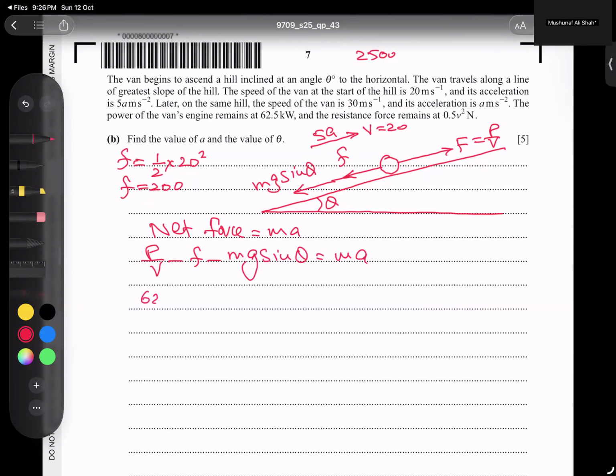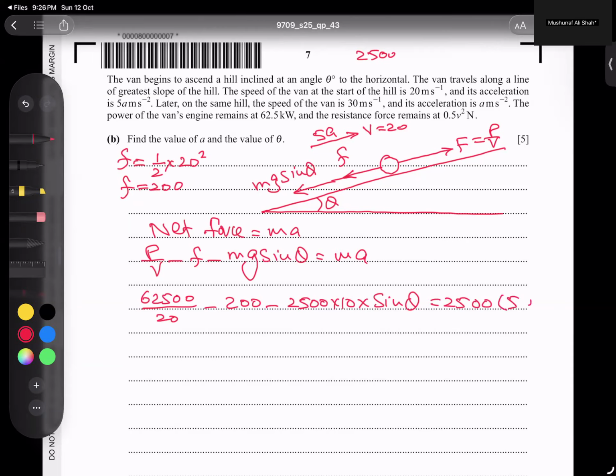So 62500, speed is 20, friction is 200, and mass is 2500, gravity 10, and sine theta is unknown, so I'm leaving this as it is. And mass is again 2500, but acceleration is 5a.